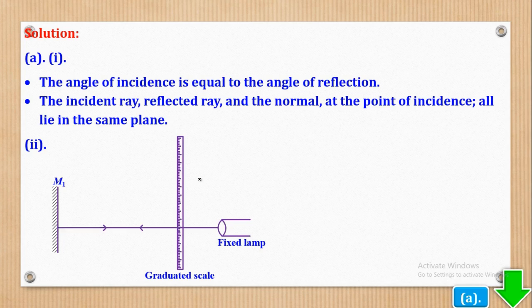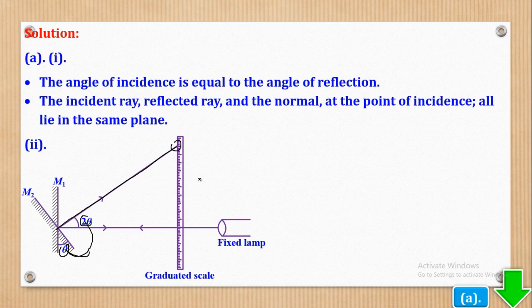When a small current passes through the system which is connected to this mirror, the mirror will rotate to a position, say M2, and with an angle theta. That means that now this ray will be reflected in this direction to meet the graduated scale at this point, which is also noted. And from the laws, remember, this angle here will be twice this angle.